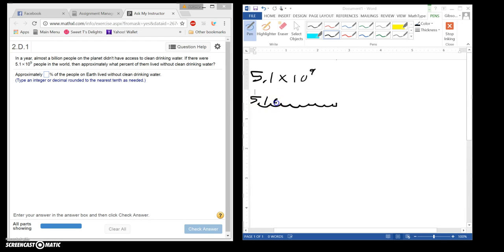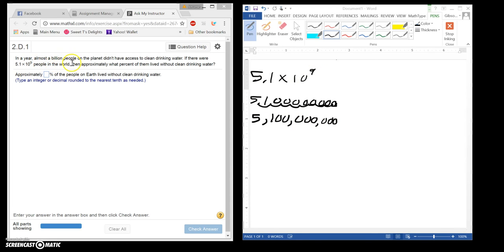That would mean that we will put zeros to replace where we move the decimal. So this would give us 8 zeros. So this would give us 5,100,000,000. This is what this 5.1 times 10 to the ninth power means.